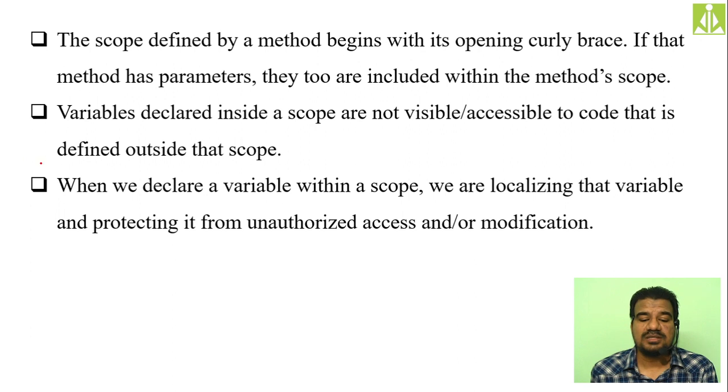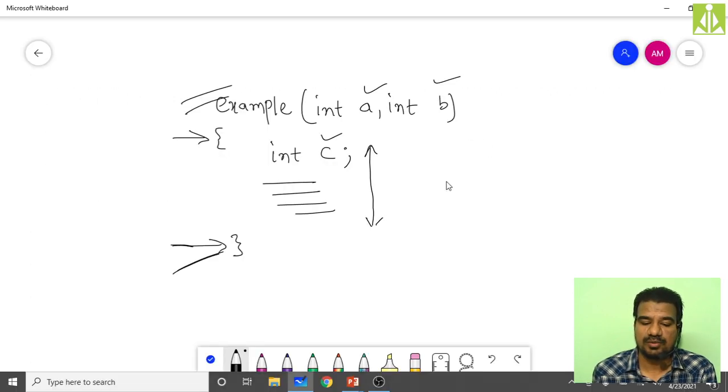Variables declared inside a scope are not visible or accessible to the code that is defined outside that scope. Suppose I'm writing some portion of code after the method, can I access these variables over here? Not possible, because these variables, these objects, are limited to this block of code only.